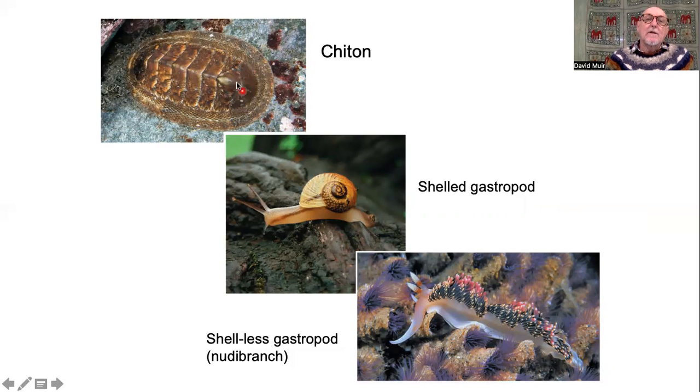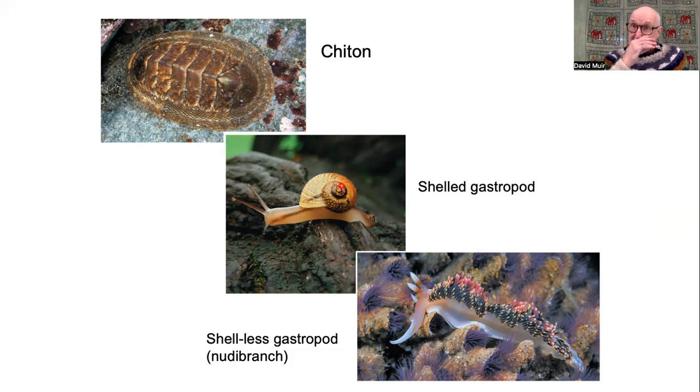You can see there 1, 2, 3, 4, 5, 6, 7, 8 plates. And if you prise a chiton off the rocks, which is actually very difficult to do, they will curl themselves into a ball with the plates protecting them on the outside. They are regarded as being a primitive molluscan group.